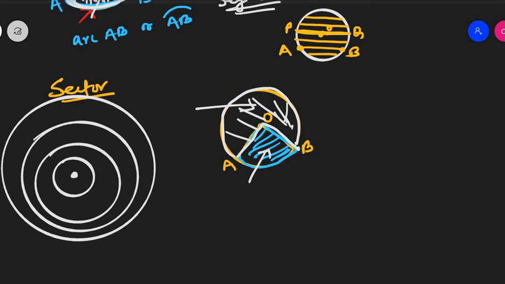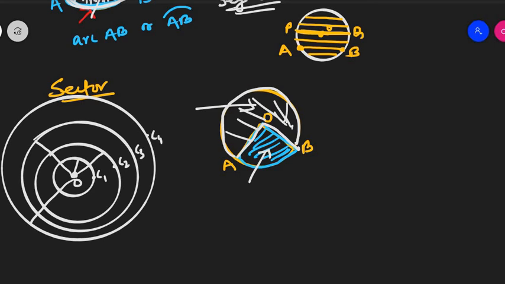Suppose this circle is C1, another circle C2, C3, C4, and like that. Circle C1 center is O, circle C2 center again is O, C3 also O, C4 also O. Their radii may be different. If many circles have the same center, then all those circles are called concentric circles.